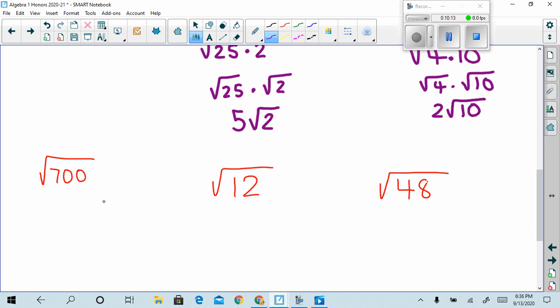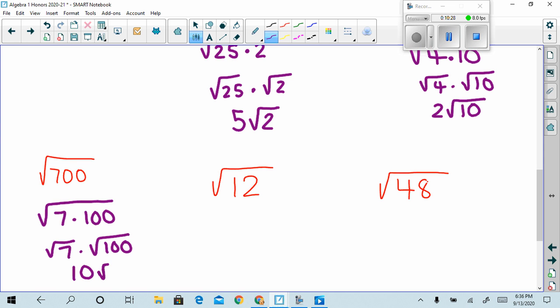Square root of 700, not a perfect square, but I do know that 7 times 100 gives me 700, which gives me 10 square root of 7.